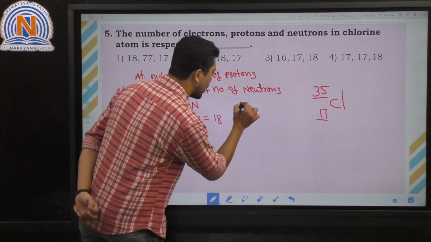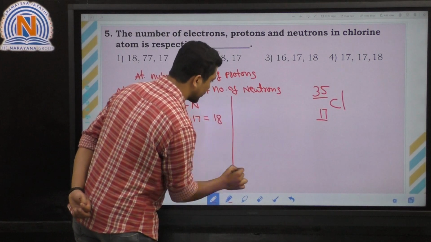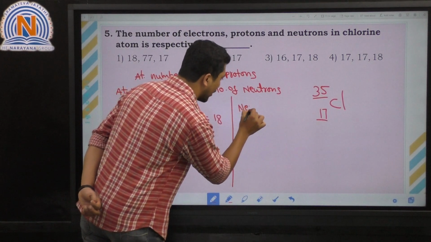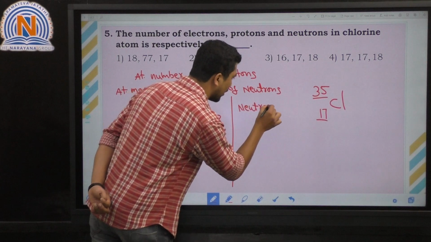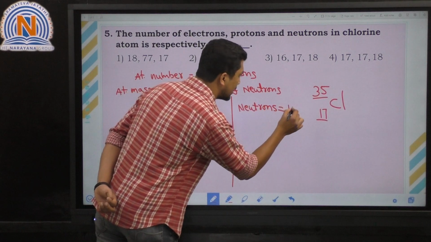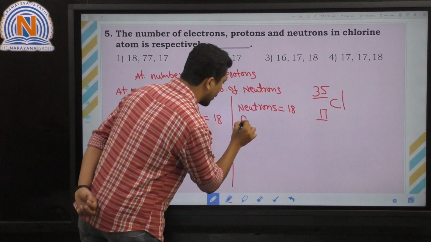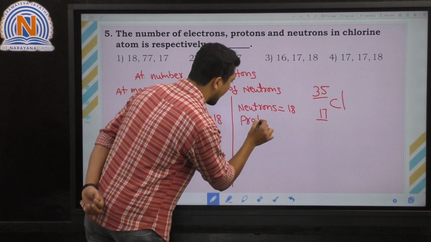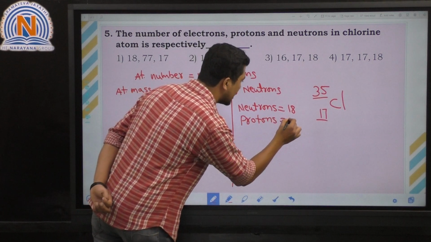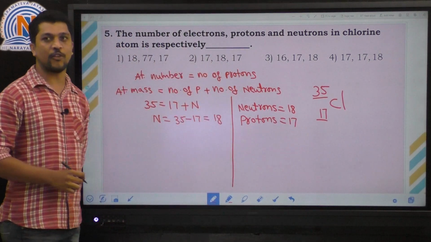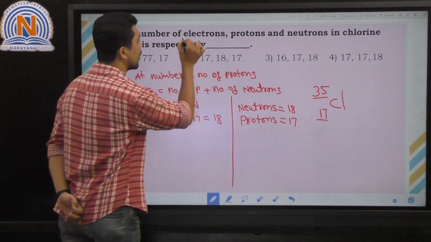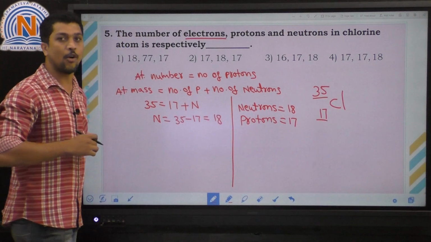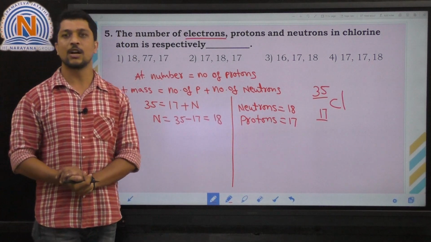So we got the number of neutrons, 18, and the number of protons, which is 17. Now we have to find another thing, that is electrons. How many electrons are present in a chlorine atom?